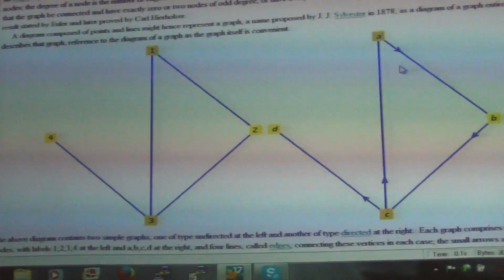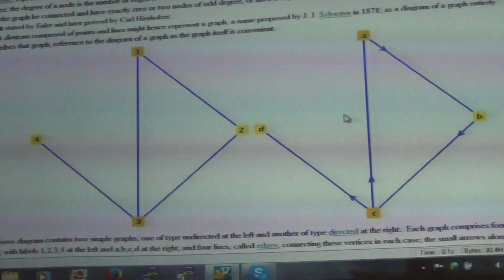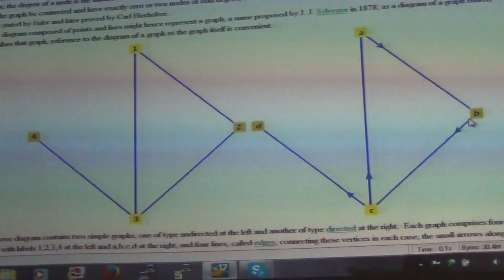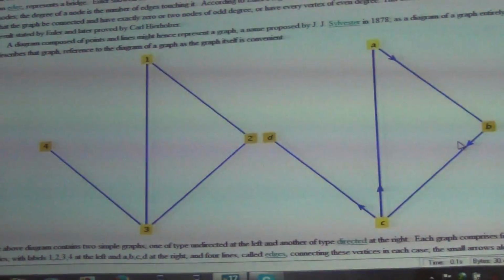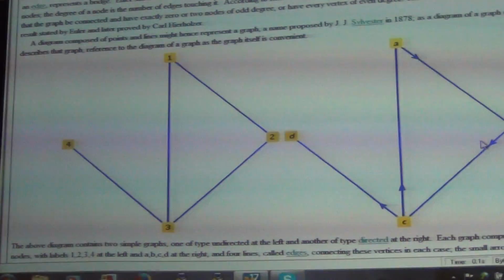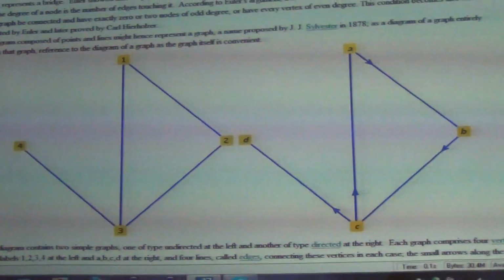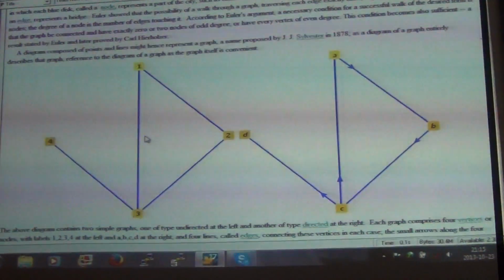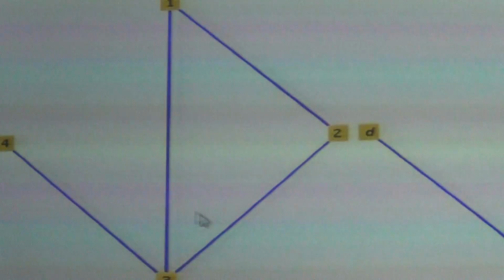Now, the graph on the right-hand side is a directed graph. You can see the arrows here, and that graph might represent the distribution of water in a town. So the water flows in one direction through the pipes. So this is a directed graph, and this is an undirected graph.